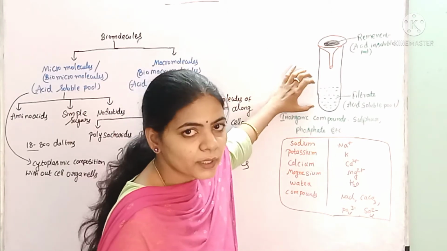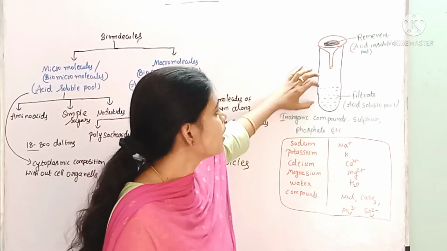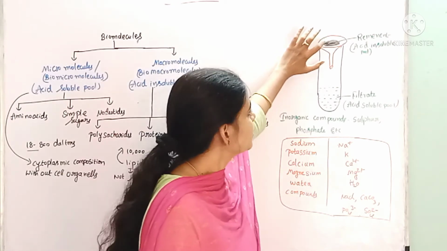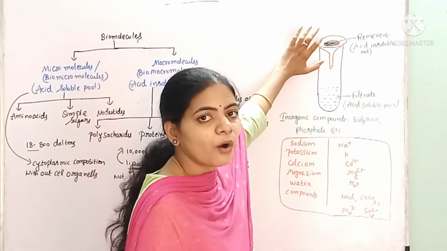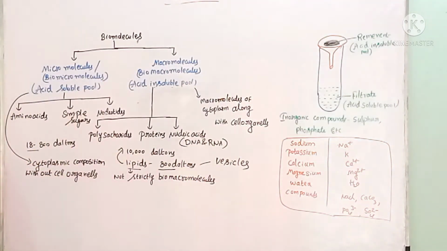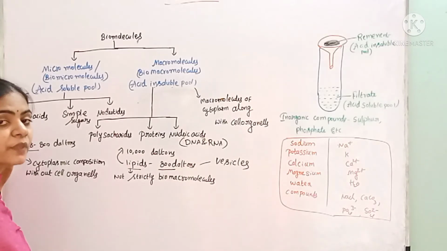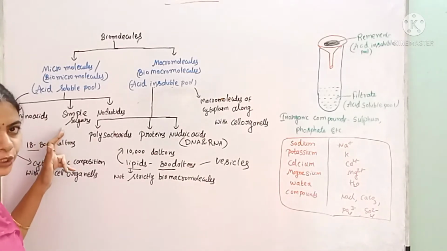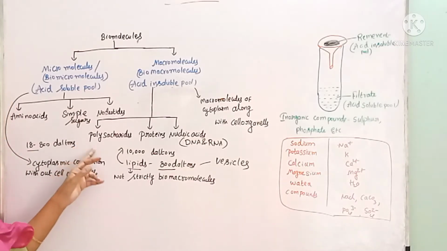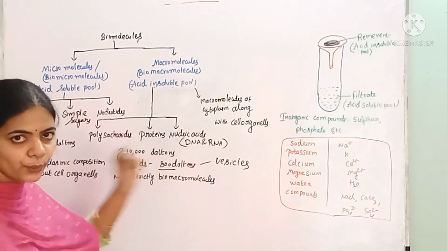That acid soluble pool consists of micromolecules, whereas in the remnant part, the acid insoluble pool, all the macromolecules are present. Examples of micromolecules are amino acids, simple sugars and nucleotides, whereas examples of macromolecules are polysaccharides, proteins and nucleic acids.